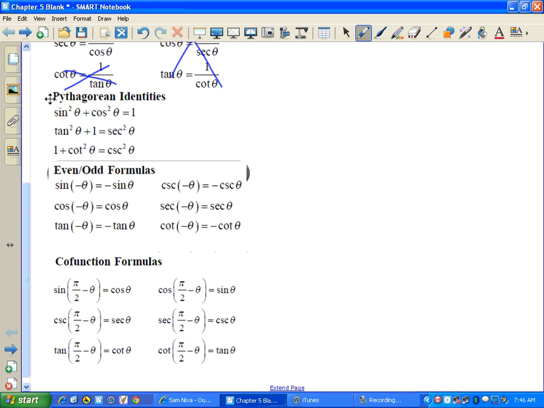The key to knowing and recognizing when we're going to use Pythagorean identities is anytime you have a trig function squared. So if I see cosine squared, I'm going to see if I can somehow use this identity.